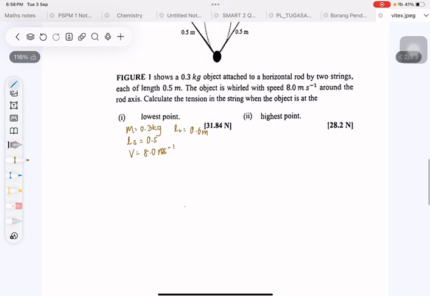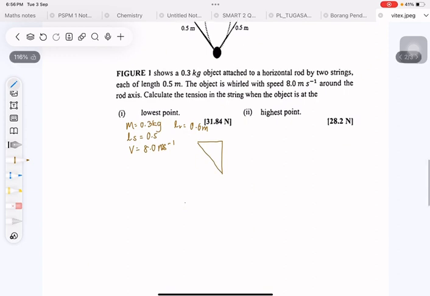At first, we need to calculate the radius for the rotation. We can calculate the radius by using the hypotenuse method. Now I will draw a triangle to make my explanation clearer. This is the triangle which is presented in this figure. Here is 0.5, which is the length of the string, and here is 0.3 meter.